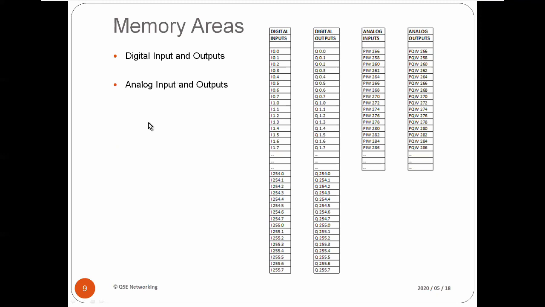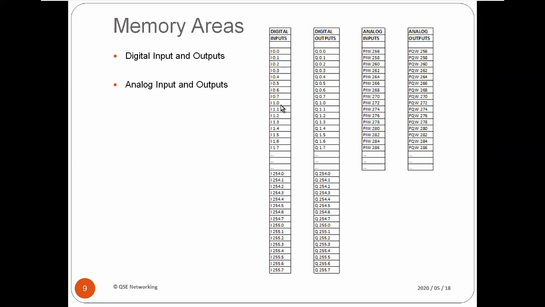Okay, so the next thing is memory areas. I just want to show you here, as the PLCs have got bigger, but in the good old days, in the S5 PLCs, they used to have digital inputs and outputs, and they were called I 0.0 to I 0.7, so 0, 1, 2, 3, and they're all individual bits.